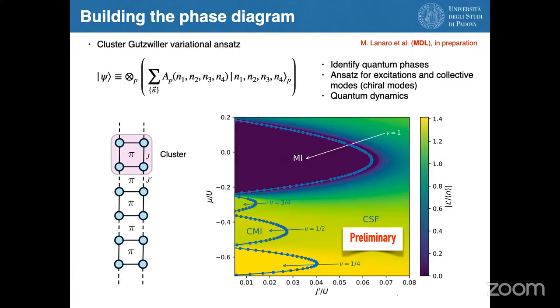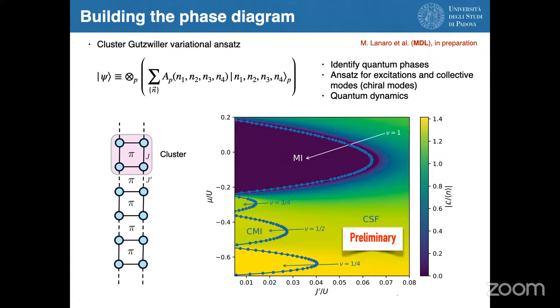But here, to capture the chiral Mott insulator, which requires the entire plaquette, you need a wave function that represents correctly the entire four sites. So short-range correlations in this ansatz are exact.